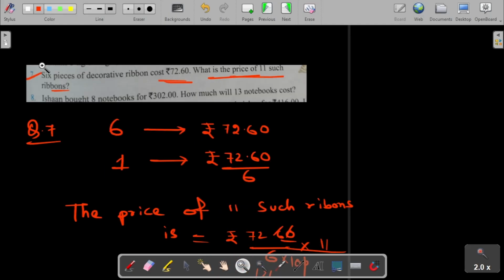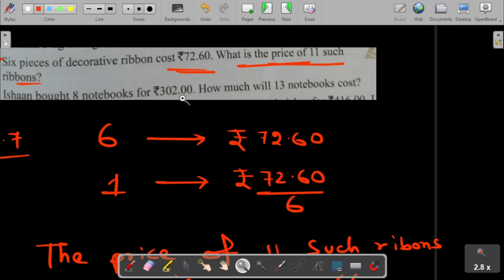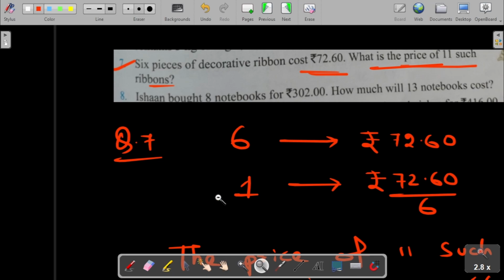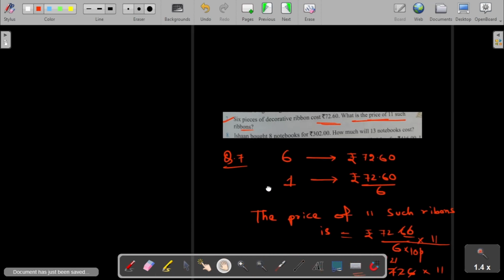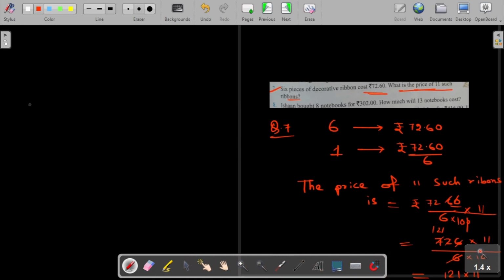Next question. Ishan bought 8 notebooks for 302. How much will 13 notebooks cost? This is also very easy. All the questions we can solve in a similar way. Question number 8: the price of 8 notebooks is 302.